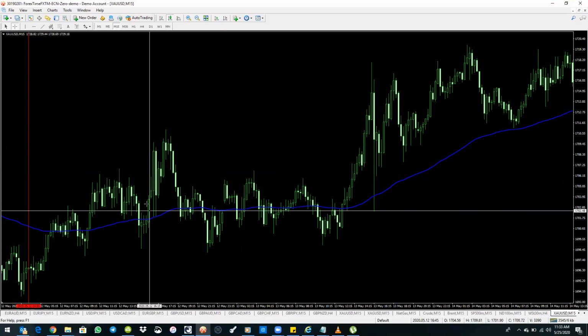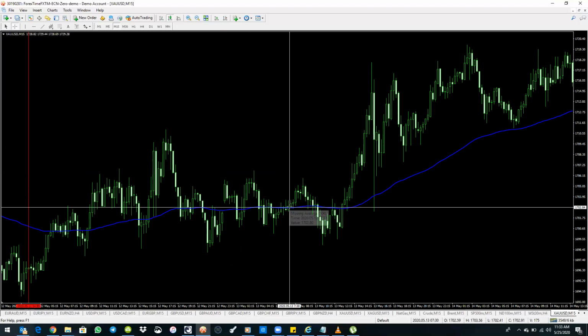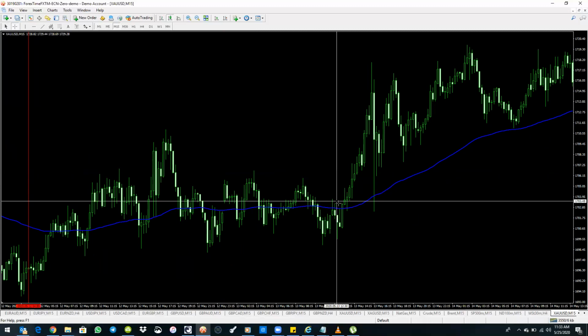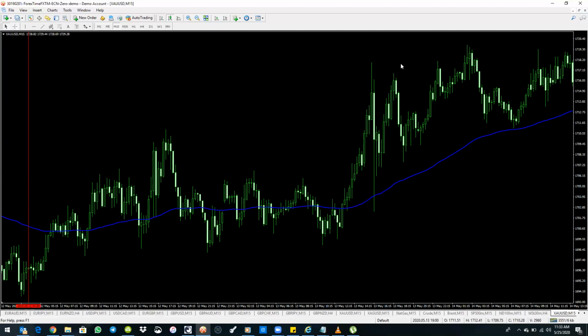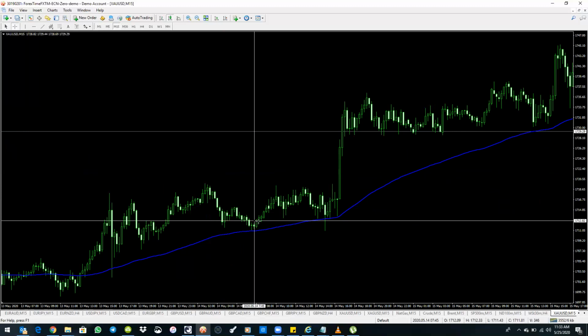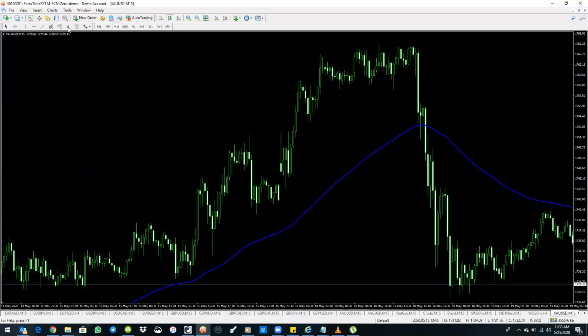See another rejection here led to a buy. Another rejection here wasn't much. Another rejection here led into a strong buy. We have another rejection here, buy. Another rejection here. So these are clear examples, right?